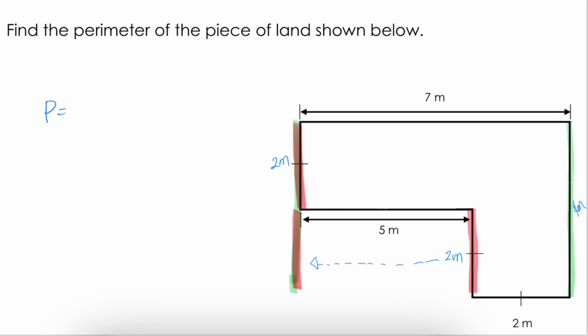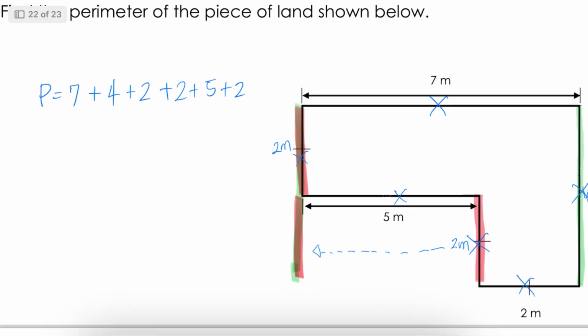The perimeter would be 7 meters plus 4 meters plus 2 meters plus another 2 meters plus 5 meters plus 2 meters. So with that, I've already crossed out all the sides.